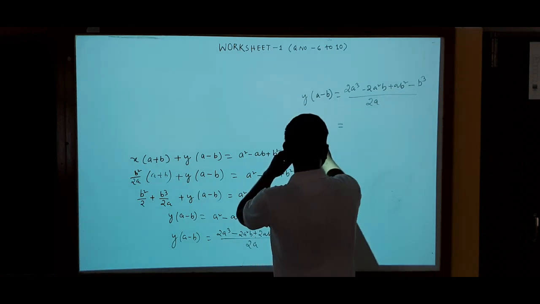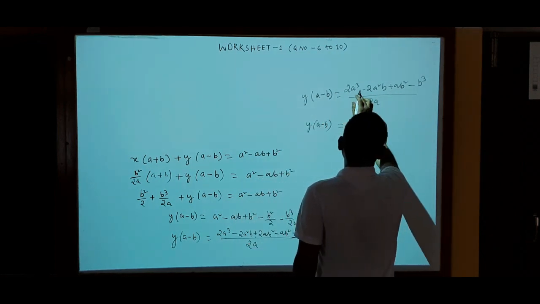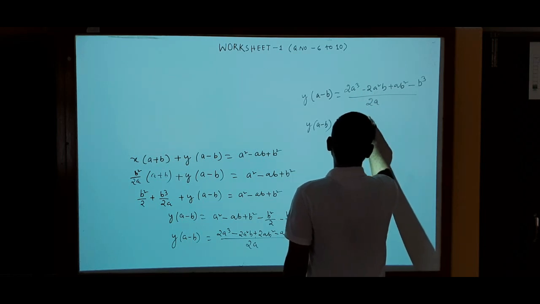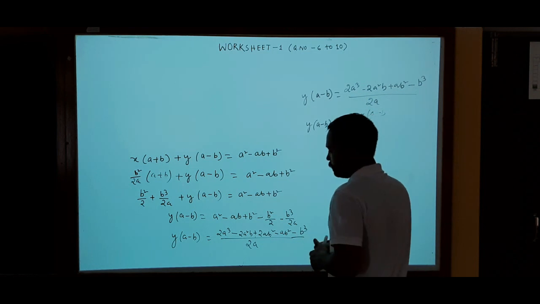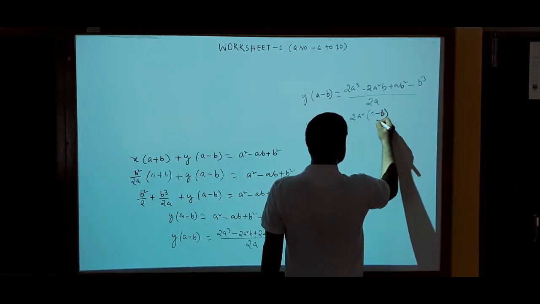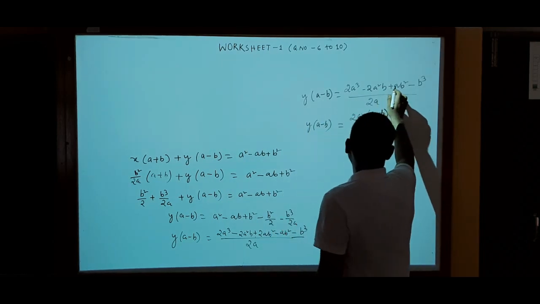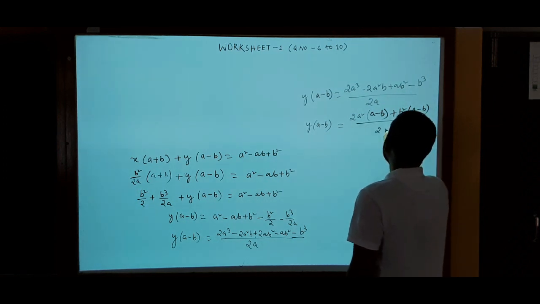Equal to y into a minus b equal to, can I take common here? What I can take common? 2a square, yes, then a minus b. I'll write a minus b, and from there I'll take common b square, then again I'll write a minus b upon 2a.